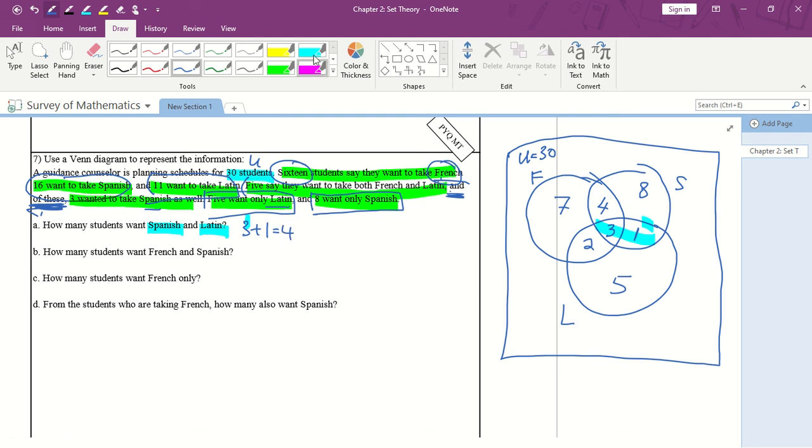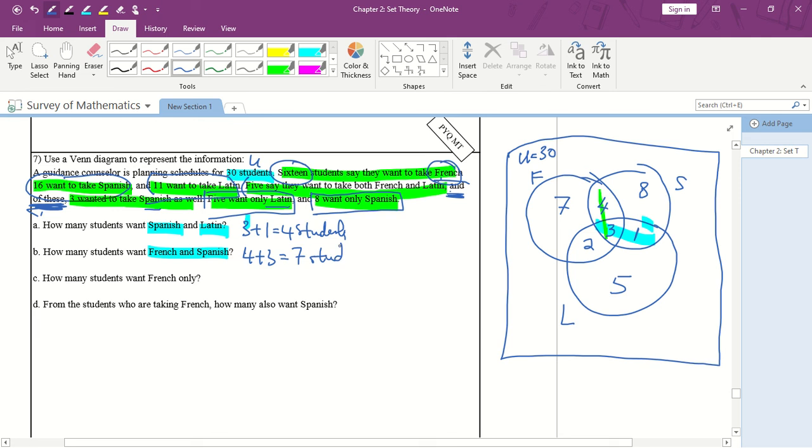And the next question, how many students want French and Spanish? French and Spanish. So the region will be here. So it is 4 plus 3 is equal to 7 students. Don't forget to write students in your answer.